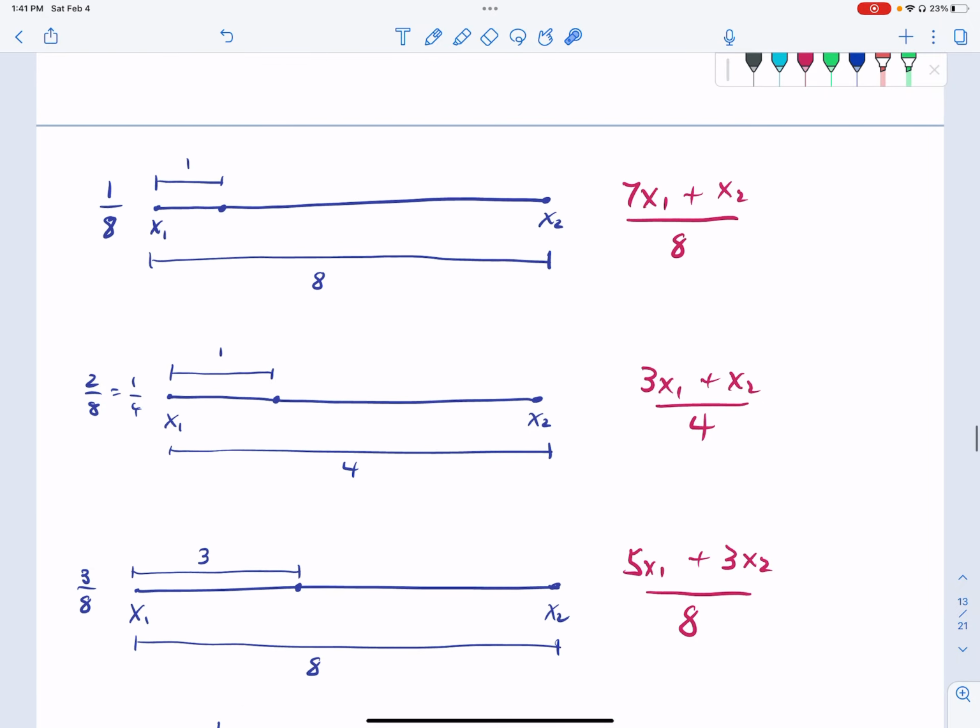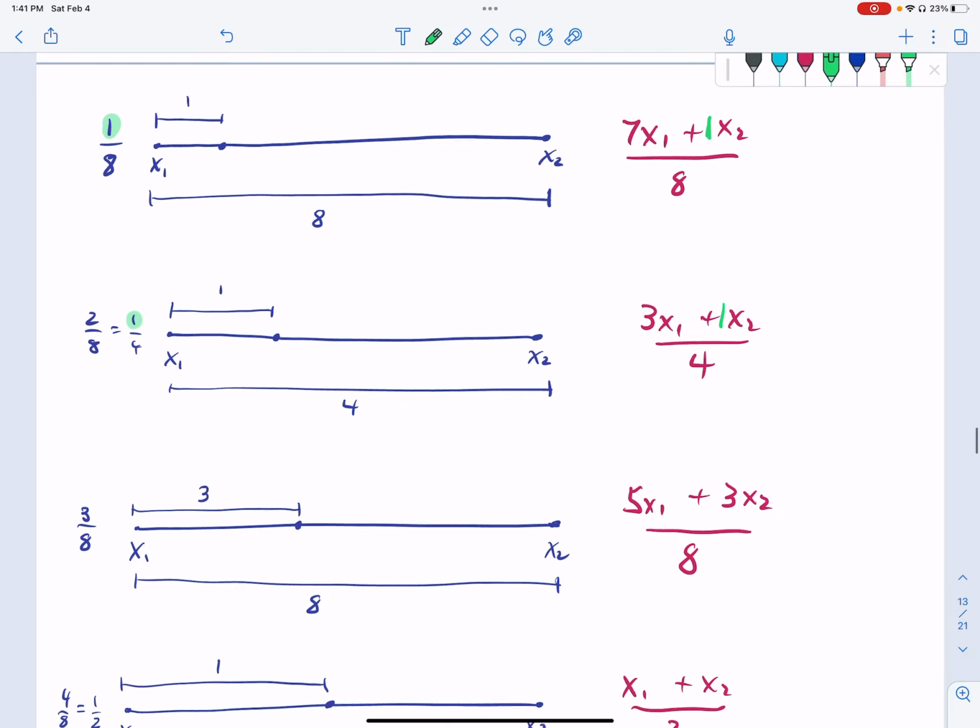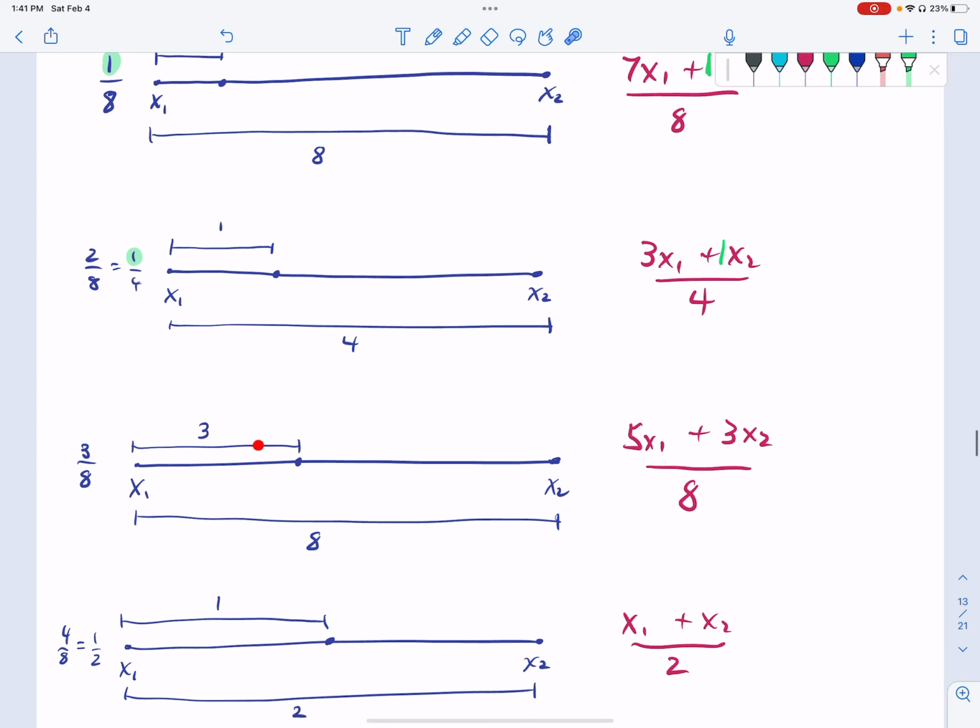Now let's look at what the weights are supposed to be in each of these weighted averages. So this is 1/8. Is there the number 1 in here? There actually is, an implied 1, right there. Likewise, there is an implied 1 right here in front of the x2. And for our fraction 3/8, is there a 3 in our formula?